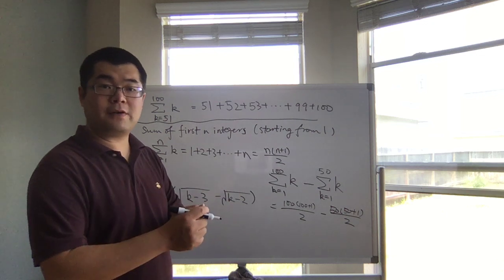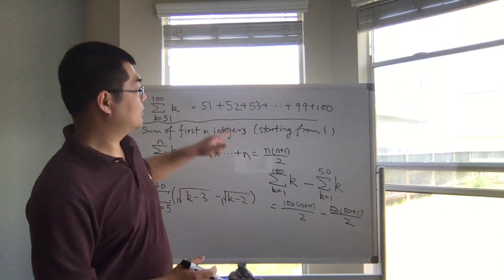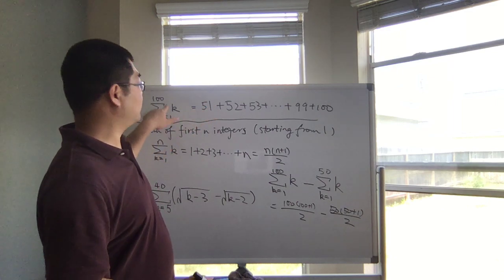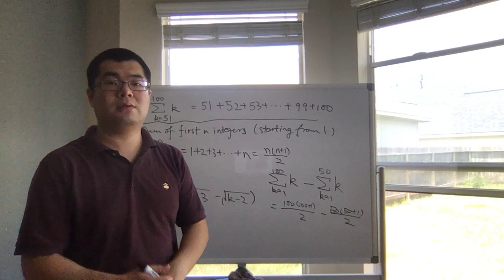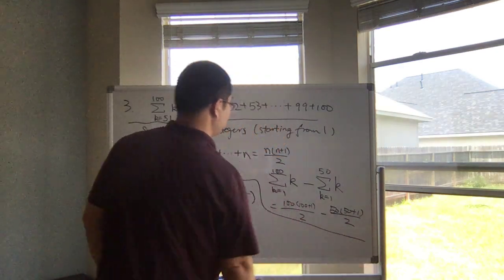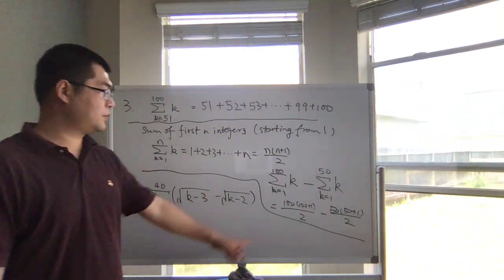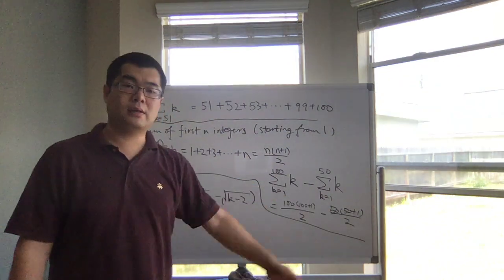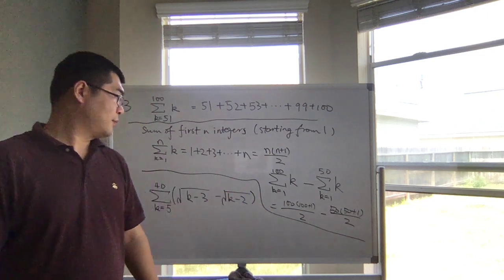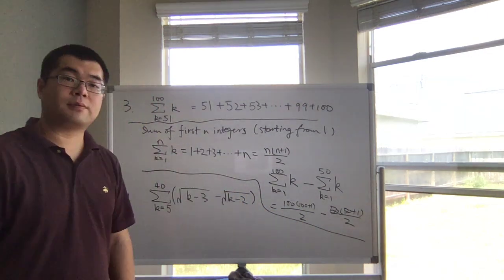And the subtraction is exactly the summation from 51 to 100, right? So that's the basic idea to solve problem 3. Of course, if you have a calculator, you can calculate those numbers out. So that's number 3.